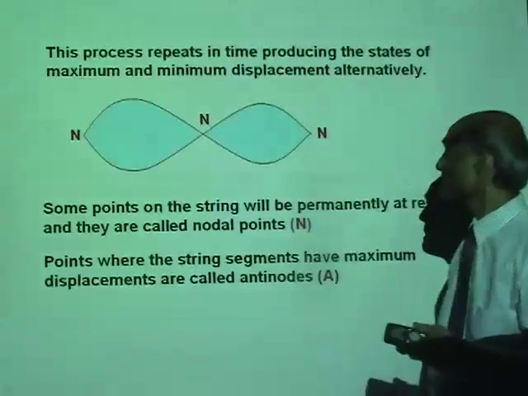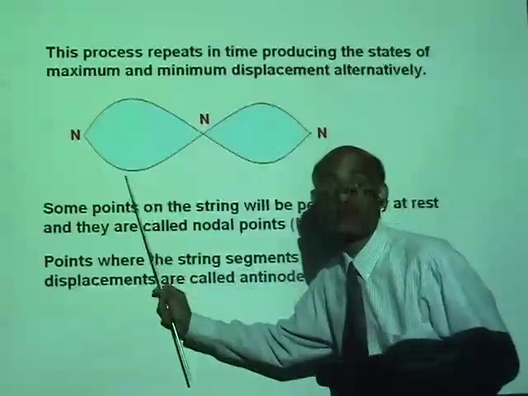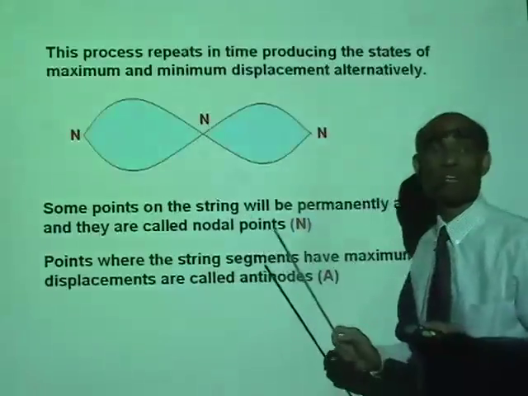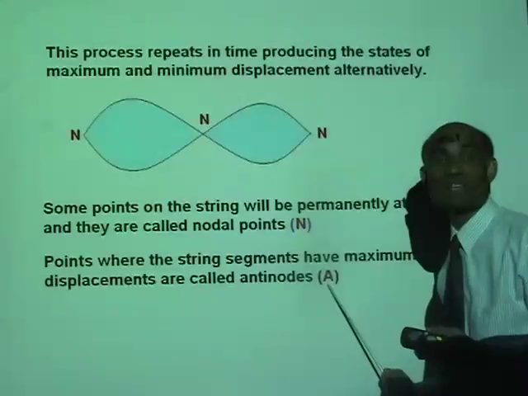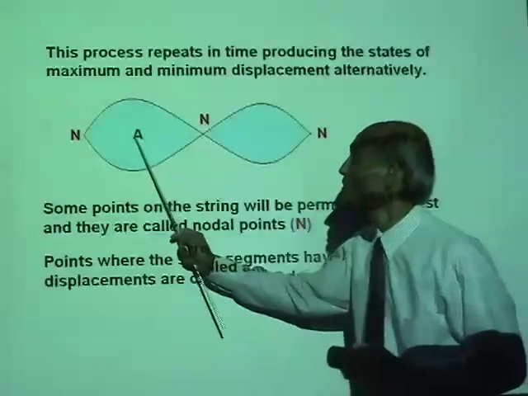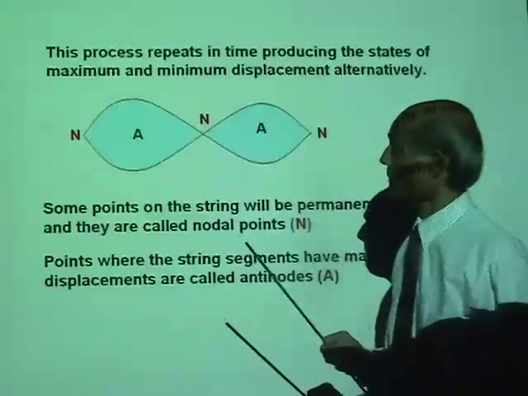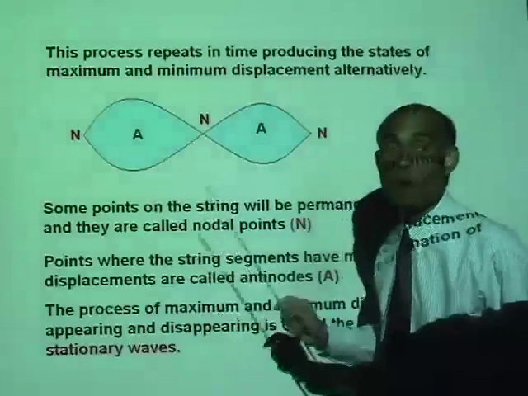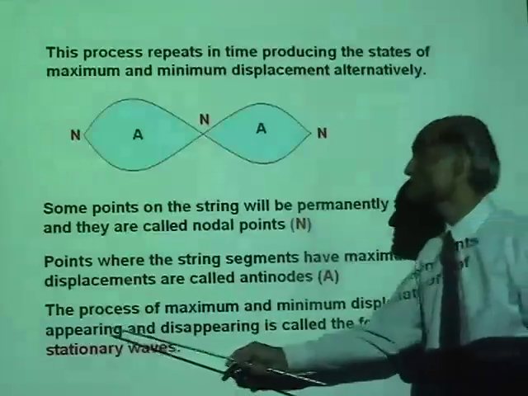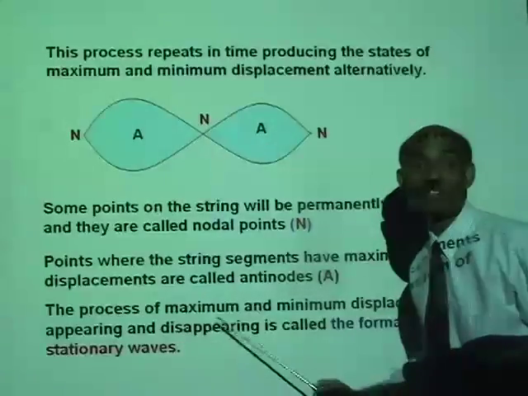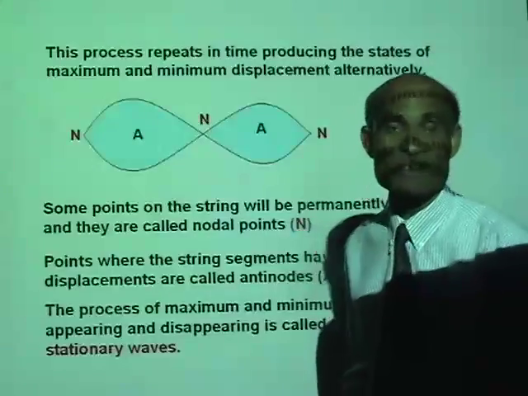Points where the string segments have maximum displacements, if you notice, this is one. Such points are called antinodes. We will represent that by the uppercase A. This is an antinode, this is an antinode. Now, this process of maximum and minimum displacements appearing and disappearing is called the formation of stationary waves.